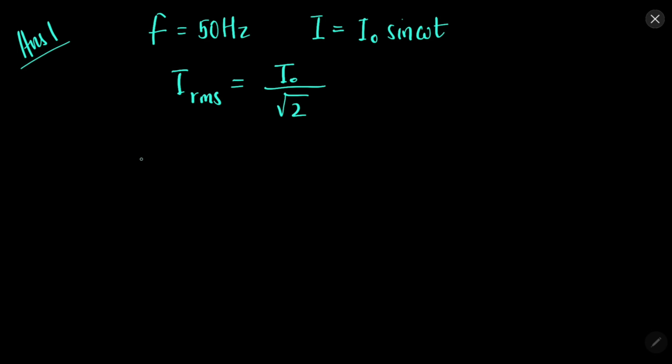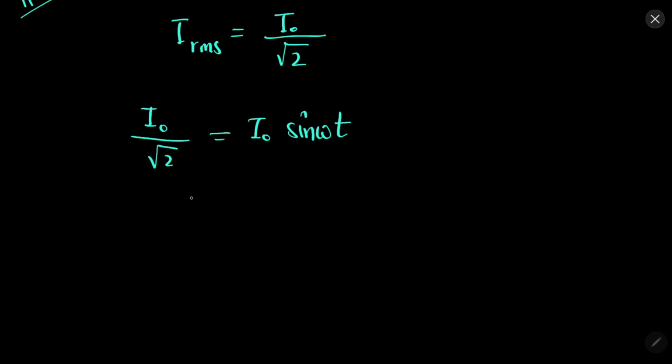So we need to find the RMS value, so therefore I naught over root 2 equal to I naught, at the place of this I am using RMS value, sine omega t. So we will have 1 over root 2 equal to sine omega t.